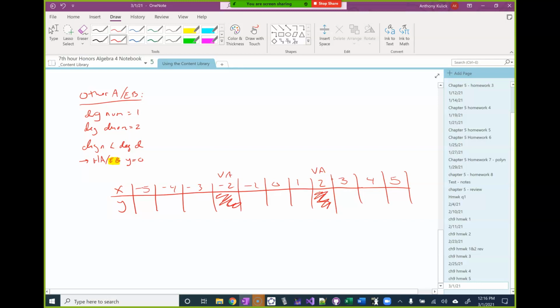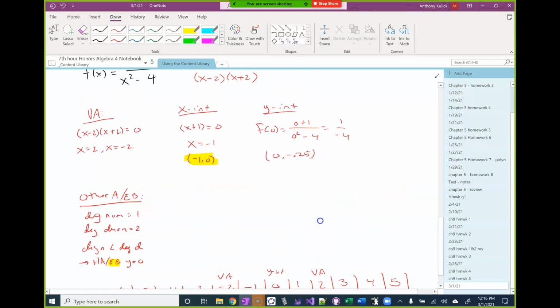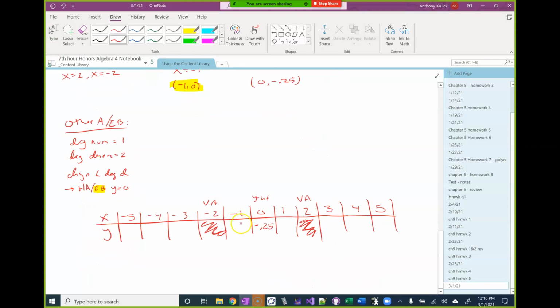Now, a couple of these, I know what's going on, right? At 0, I know that's negative 0.25, because that was my y-intercept, right? And I know at negative 1, that was 0, because that was the x-intercept.